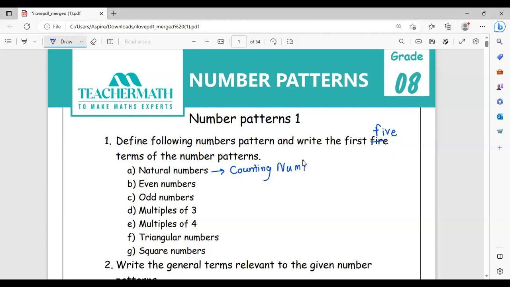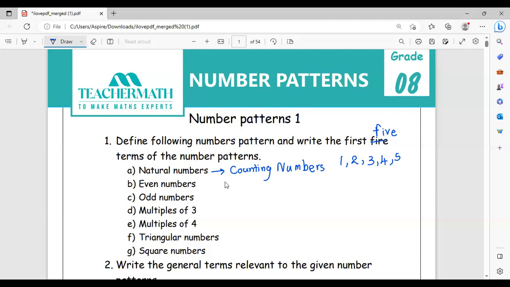What are the counting numbers? Counting numbers mean numbers that we use to count objects. Then for the natural number set, the first 5 terms are 1, 2, 3, 4, 5. These are the first 5 terms of a natural number pattern. Okay, natural numbers are the counting numbers.